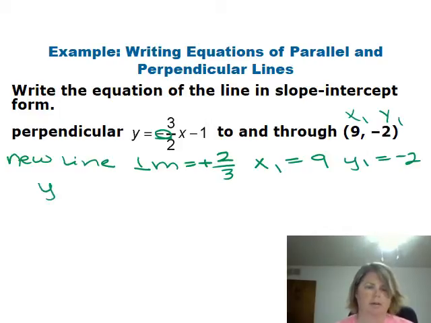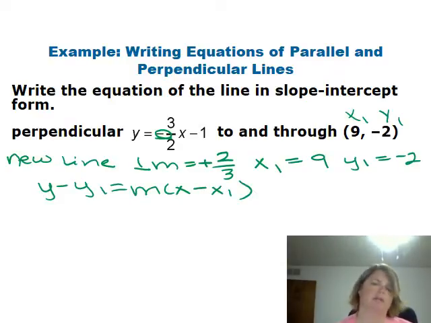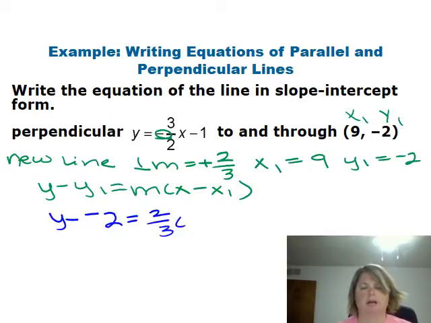So you start with point slope form, y minus y sub 1 equals m times x minus x sub 1. And then we have y minus a negative 2 equals 2/3 times x minus 9. Make sure you note that minus a negative is plus a positive.